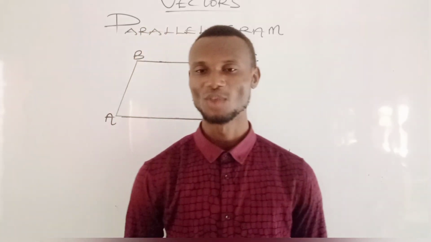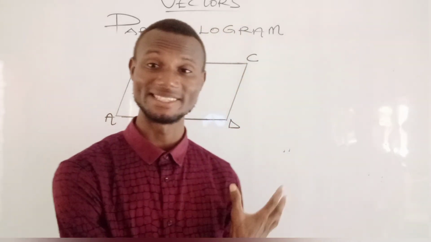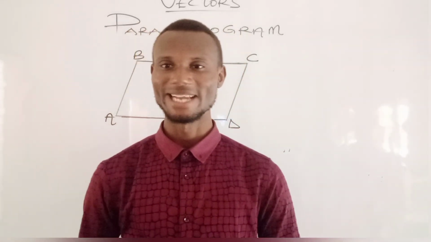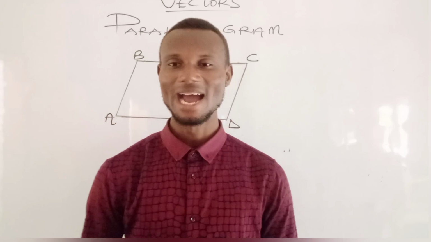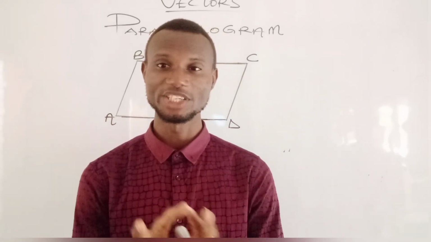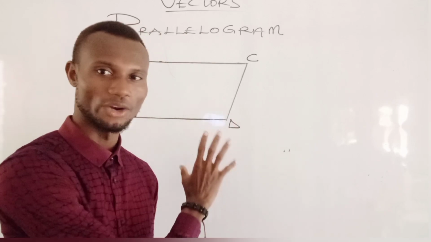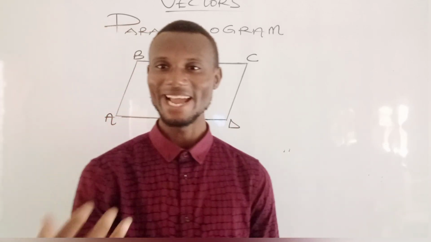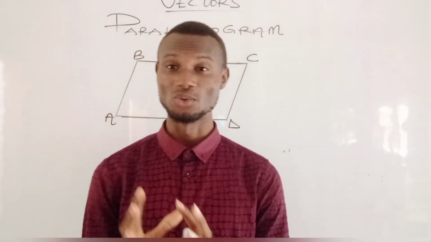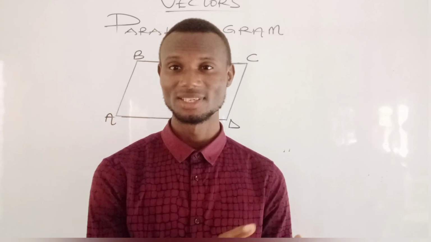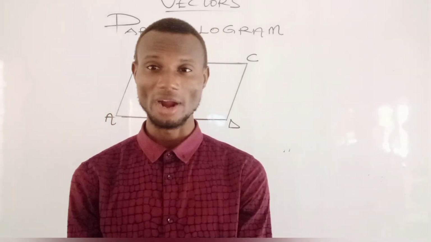Okay, so now that we are done labeling the vertices of the triangle, we also need to bring our arrows, which show the direction of the vector on the parallelogram. I've explained that we want to look at some vector laws that govern a parallelogram.